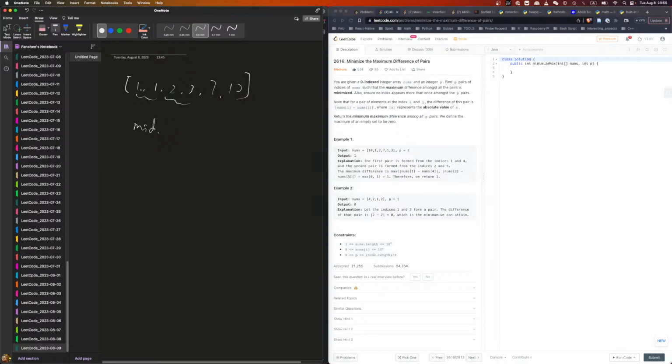And we know adjacent ones always have the smallest. But I know the problem can be that you cannot always take the adjacent, because sometimes you might need to take it adjacent here, right? So you don't know. That's the thing, you don't know.